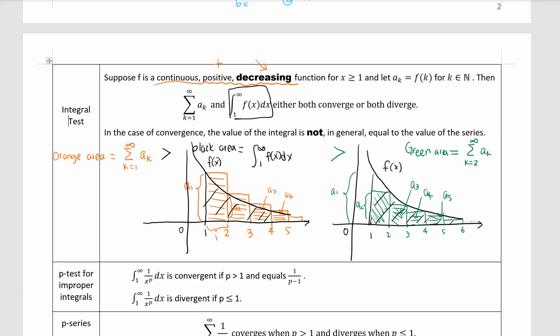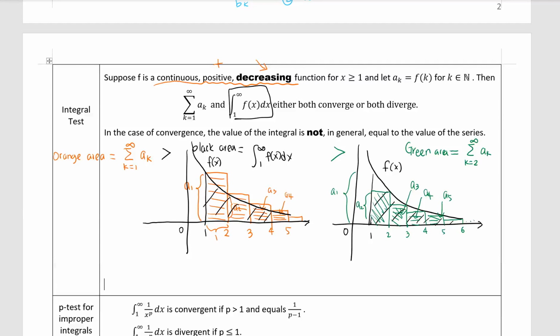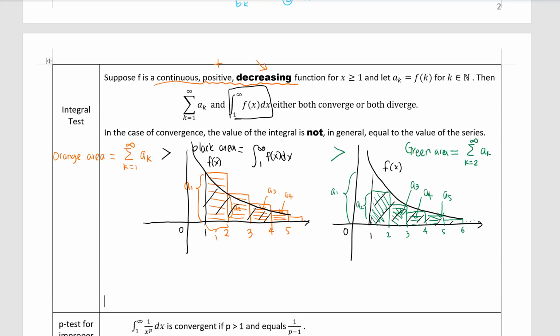keep this in mind. Do you still remember we learned the comparison test last time, right? So the comparison test is like, we have the big guy, if the big guy converges, then the small guy also converges. If the small guy diverges, then the big guy also diverges.